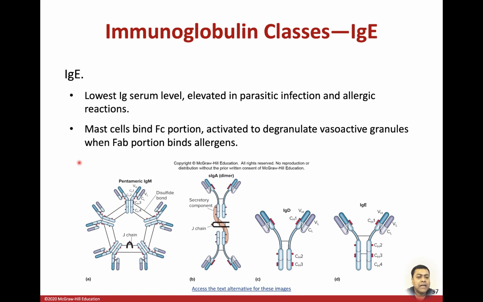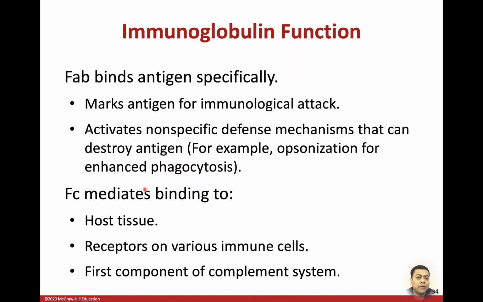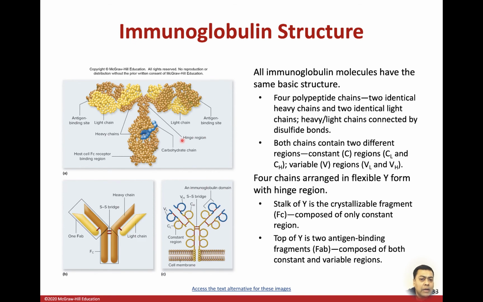Think about that each one of them has two antigen binding sites. This is one antigen binding site, and this is another. Because you all know from previously that Fab binds to the antigen specifically. So when we look at that, right here, Fab, this is one antigen binding site, and this is another antigen binding site.